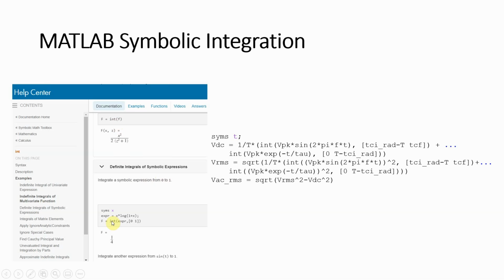Again, this is from the document and help of MATLAB. So you see how you can get indefinite and definite integrals of functions using the symbolic toolbox of MATLAB, and using the formulas that we had for DC and RMS, I calculated the integrals.